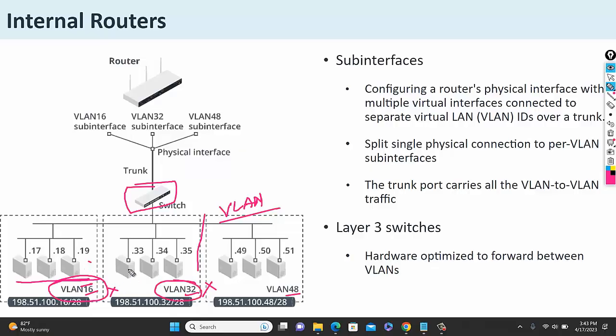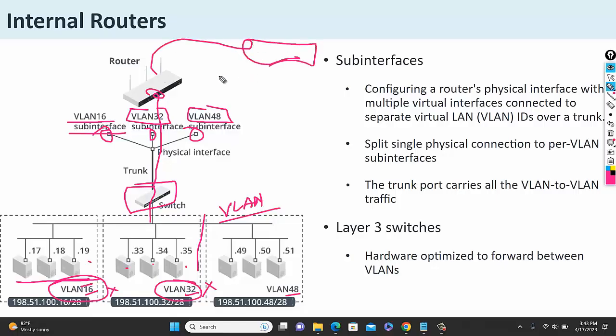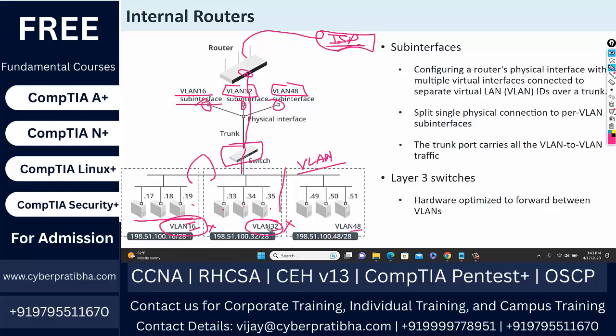The computers that are part of VLAN 32 can communicate with each other, but they cannot communicate with other VLAN networks. So sub interfaces are required, like a VLAN 16 sub interface, a VLAN 32 sub interface, and a VLAN 48 sub interface, because all the data will go to the router, then the router will forward data to the ISP, the internet service provider. On the other hand, if I want to make communication between different VLANs, then we need sub interfaces.